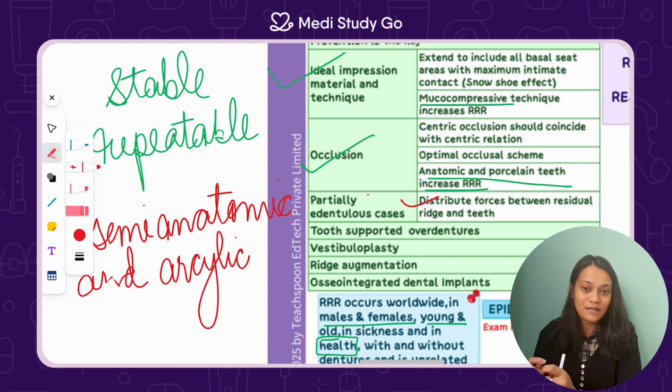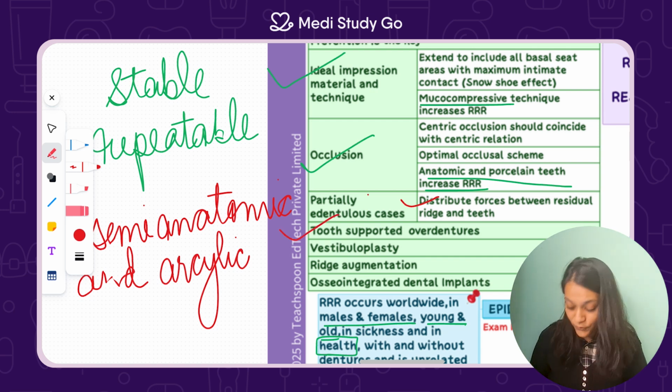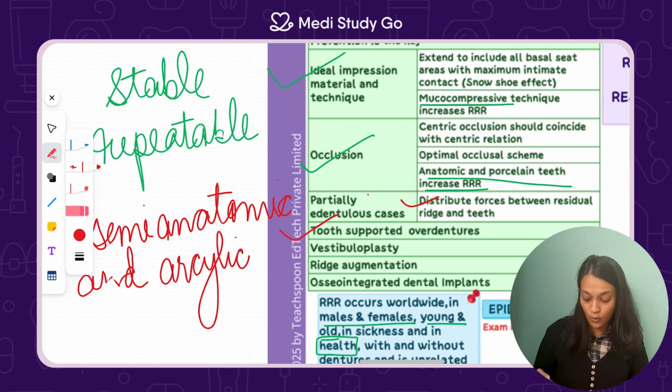And this functional stimulation is going to make sure that the rate of resorption is lesser. So when compared, if you see complete denture in comparison with tooth-supported overdenture, tooth-supported overdenture where the teeth are present will show lesser ridge resorption. Hence, one thing is tooth-supported overdenture.